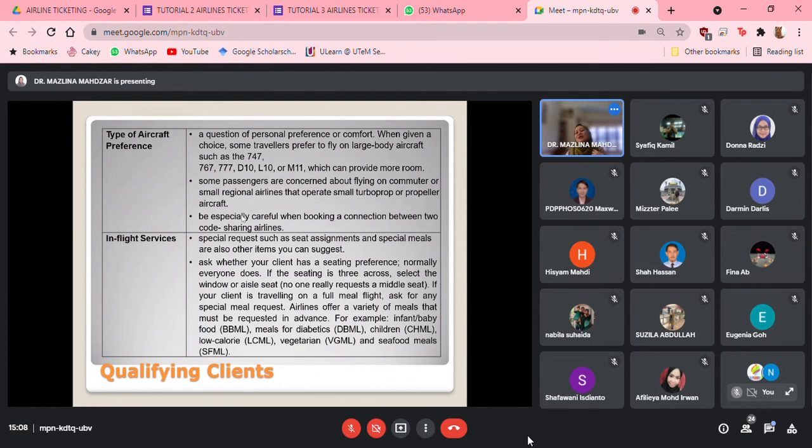Kan? So these are the things that travel agent must do. Kalau dia macam lantaklah ya, asalkan you buat booking, asalkan you dapat ni, bolehlah, tapi boleh ke you pastikan dia akan datang balik kat you lain kali? Kalau you punya service you lebih kurang je.